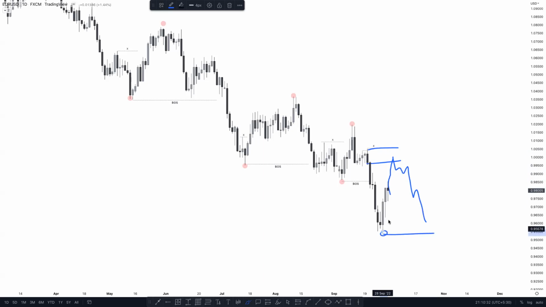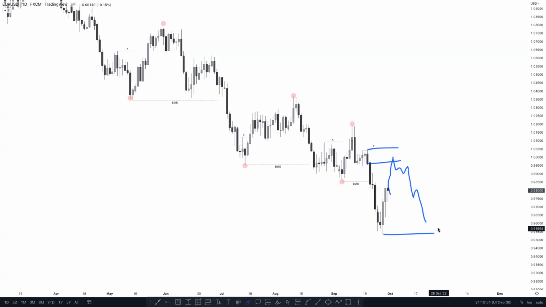Why? We can sell here, but the lower low is not confirmed because the market needs to take out this high. If the market takes out this high, then this lower low will be confirmed. Either the market breaks this low and takes out this inducement possibly, and then this low will be confirmed here, right?